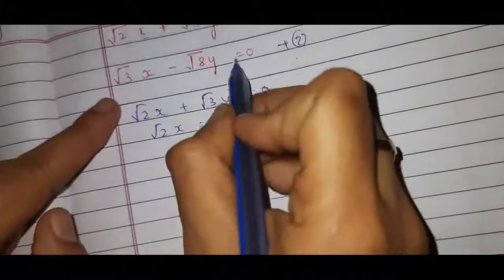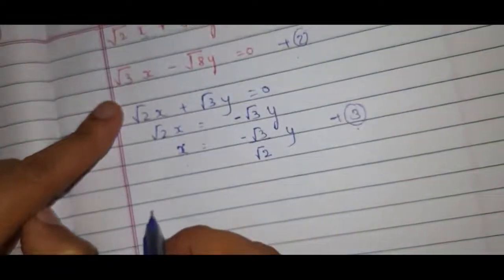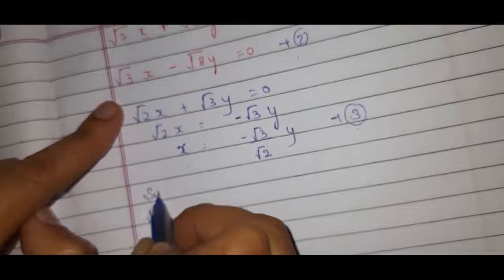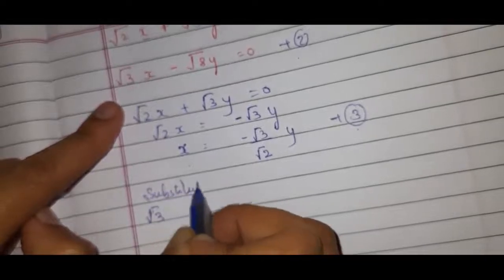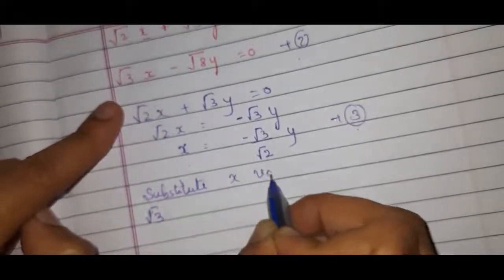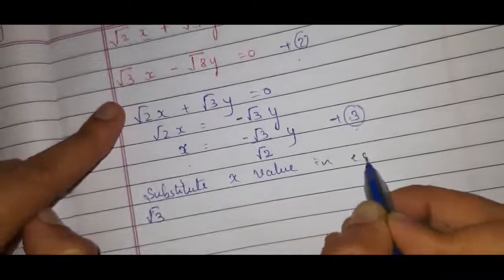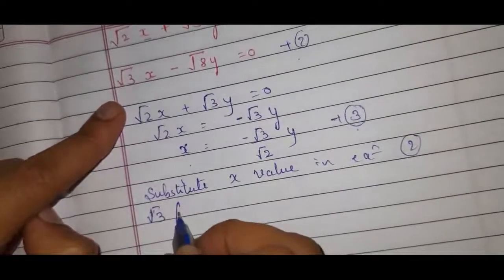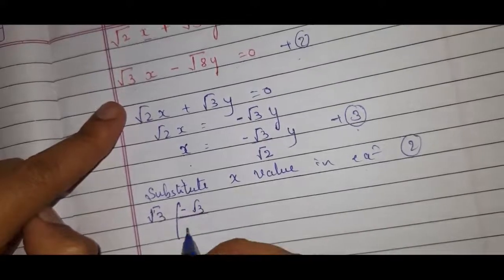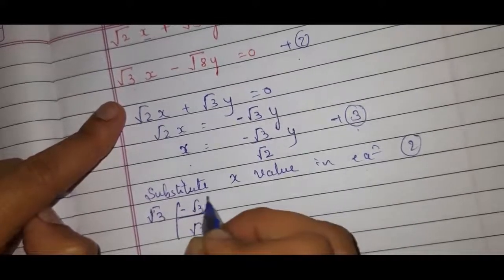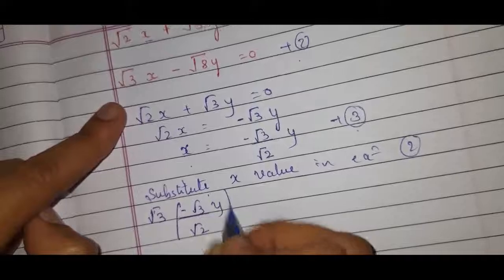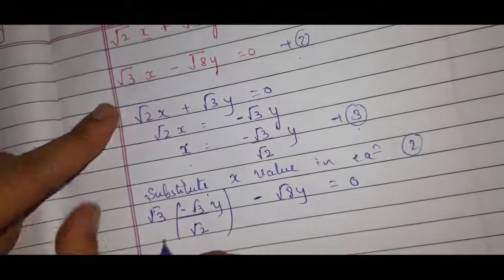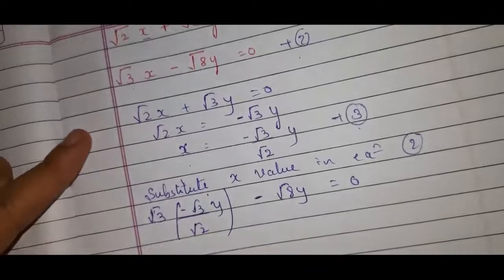Substitute x value in equation second. Root 3, substituting x value in equation 2. So root 3 in the place of x I am going to write minus root 3 divided by root 2 into y. Next minus root 8y equals to 0. Root 3 into root 3, what we get?